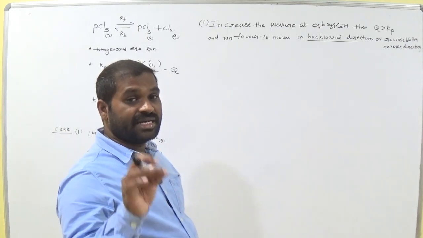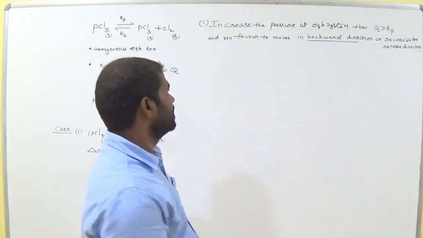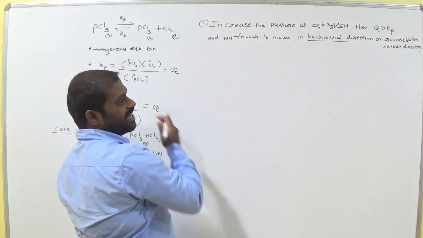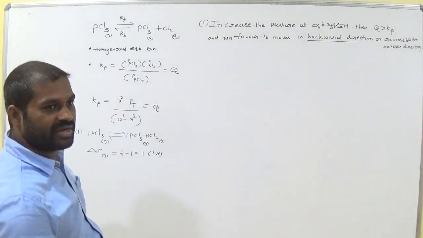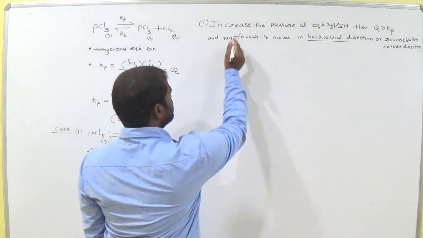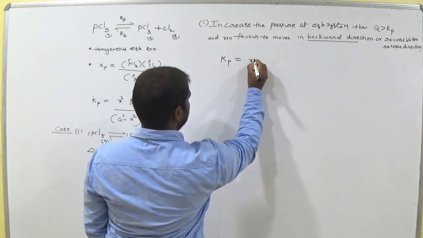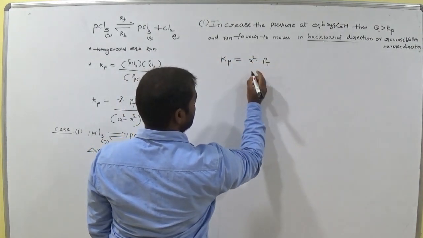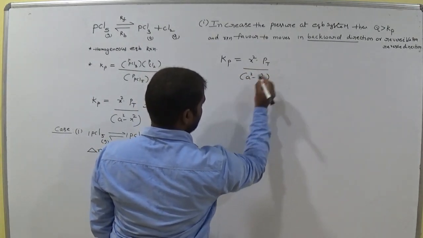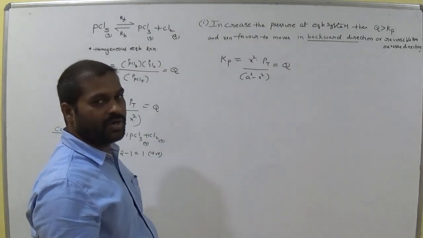Remember this, it does not include molar concentration. Then the reaction favors moving in the backward direction, or reverse direction. Once see the equation: Kp equals x square into P total pressure over A square minus x square, that equals reaction quotient Q. A very important point.